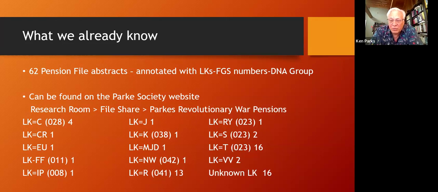Just briefly for representation, we've got these lineage keys here represented in those 62 pension file abstracts. You can see over here group 23, which is lineage key S and T, which are two branches of the Robert Park line, which is the line that the Park Society was founded on back in the 60s, as well as a fragment line from that group, lineage key RY.